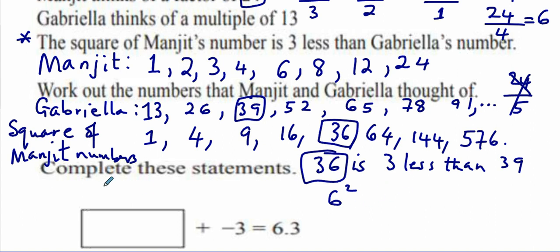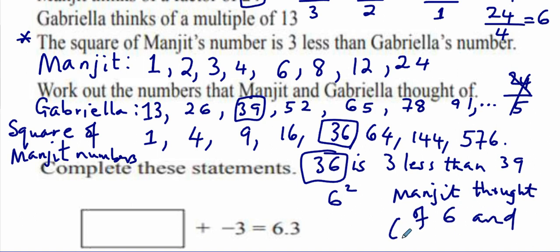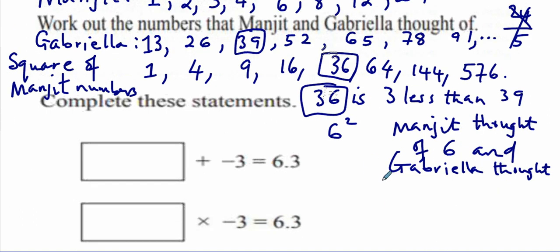Here we write Manjit thought of the number 6, and Gabriela thought of the number 39.